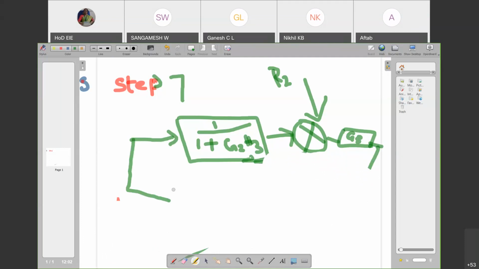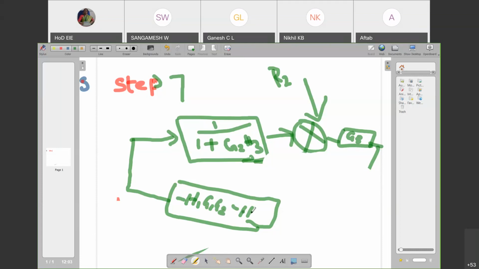So what are those parallel elements? They are minus H1, G1, G2, which is in parallel with minus H2, because those two were parallel, though they were in the negative feedback, they start at the same terminal and get added. So this is what I get in step 7 as a result of whatever has been obtained before.